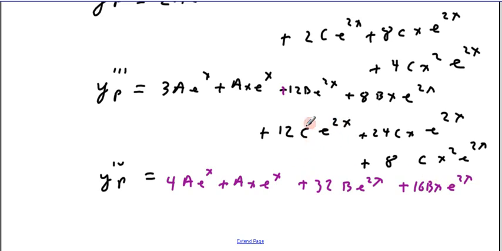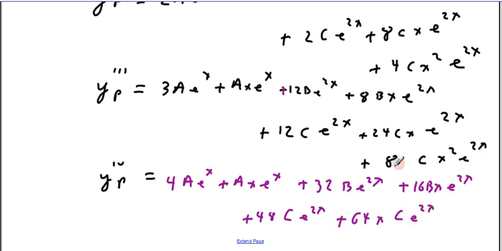Okay, I have 24 plus another 24, making 48c e to the 2x. Then I got 48 plus 16, 64xc e to the 2x.